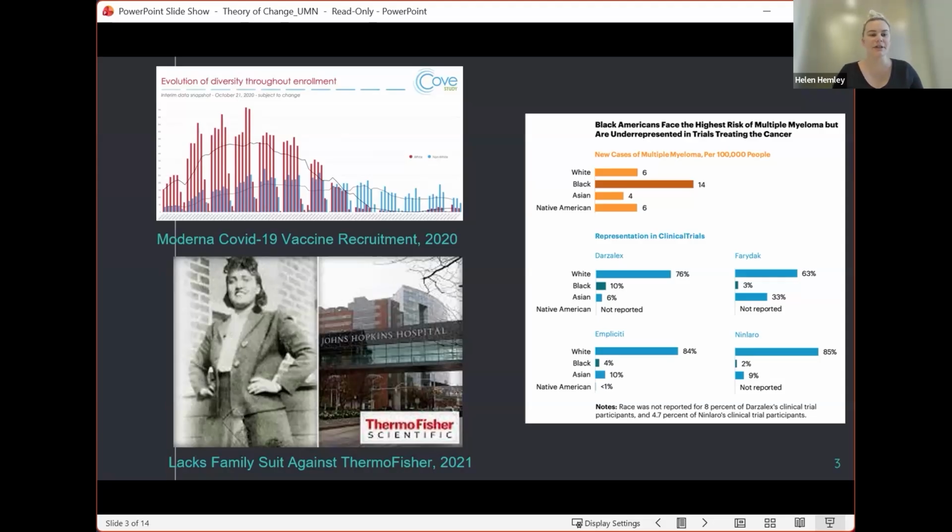And that isn't necessarily just driven by the community, it's also driven by who the research institutions, who the trials are looking to engage. So across most different disease type areas, we know that Black and African American, Latinx, and Indigenous populations have higher disease rates of case development than white populations, and yet are continually the lowest represented in clinical trials.